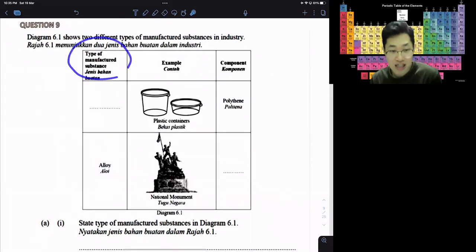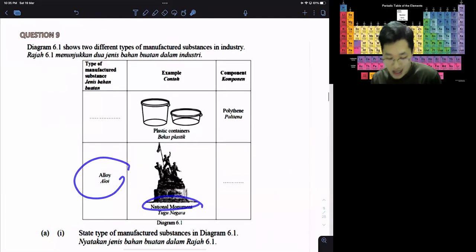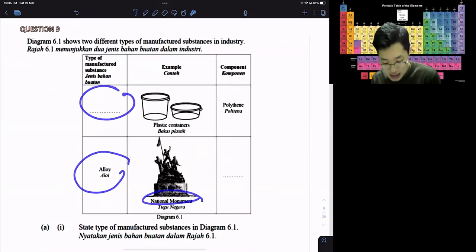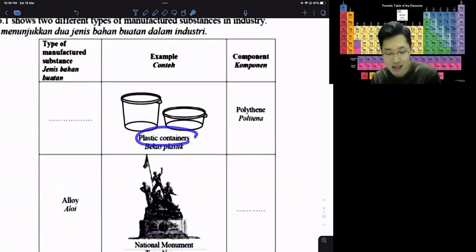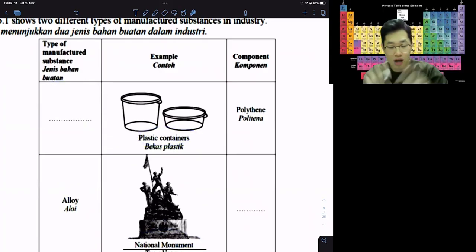Type of manufactured substance. We have alloy, the monomers, and then to know what that is: a plastic container. Plastic is under which topic? Plastic is under polymer.